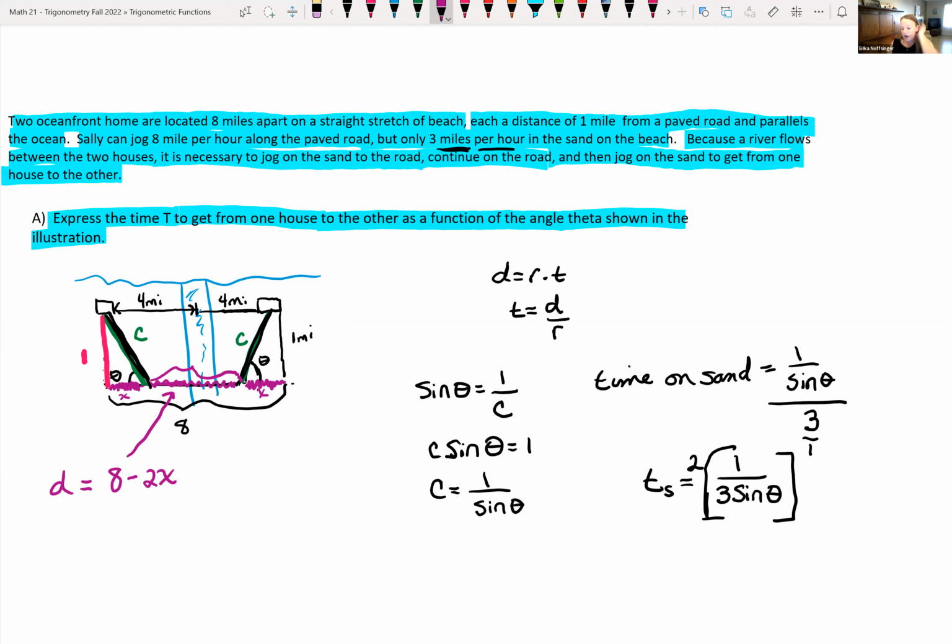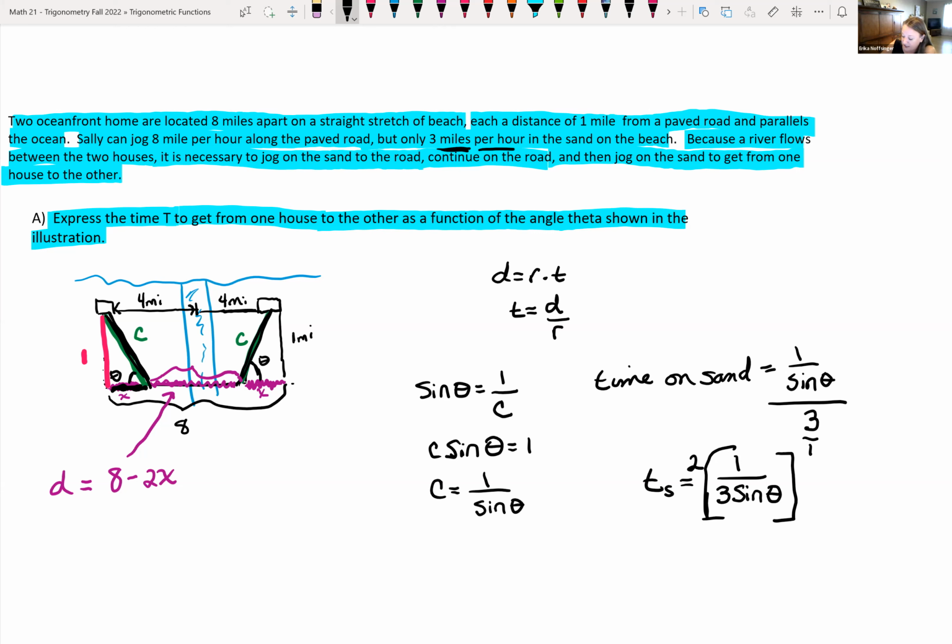So let's figure out what x is. Looking from our angle theta, we can figure out what this length x is. That is the adjacent side of theta, and we know the opposite, so that's telling us to use tangent.